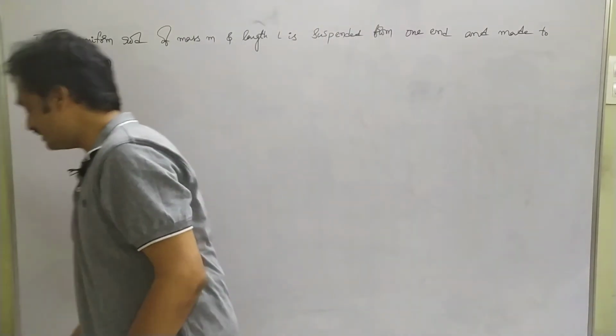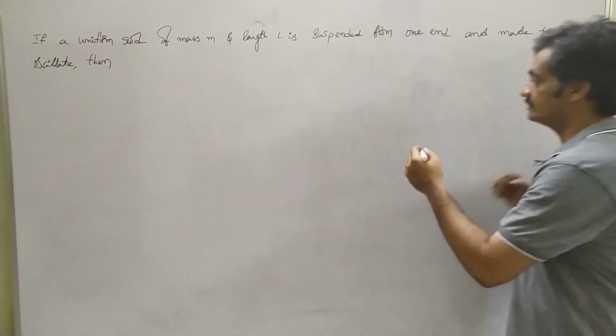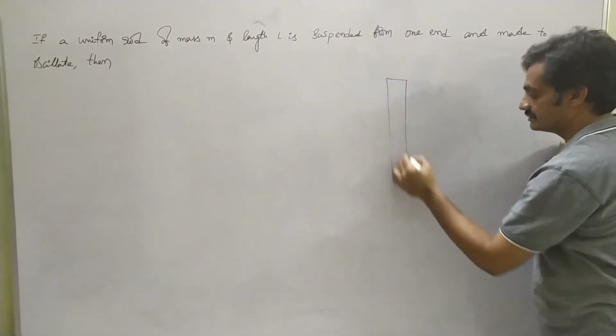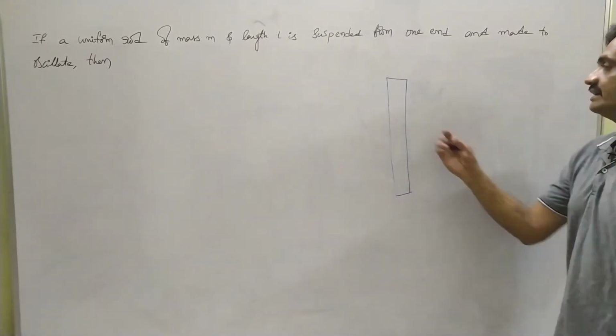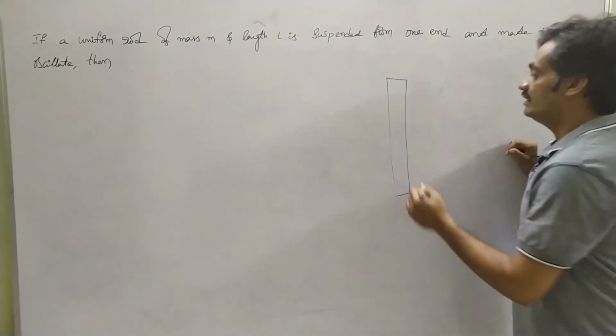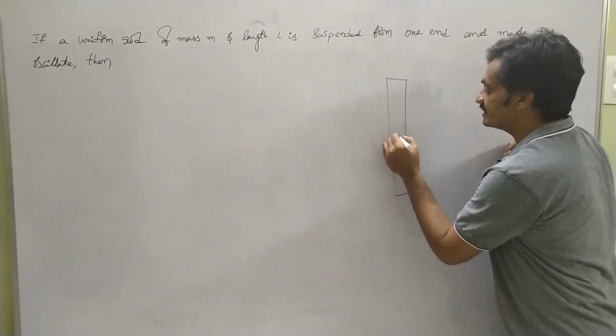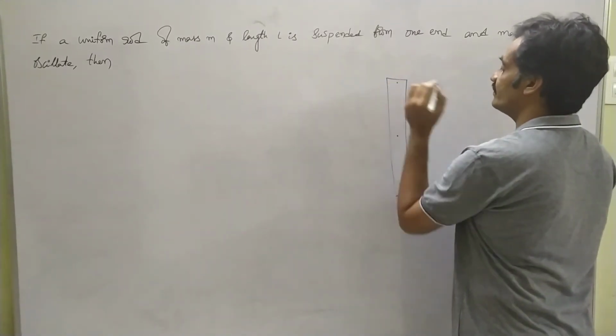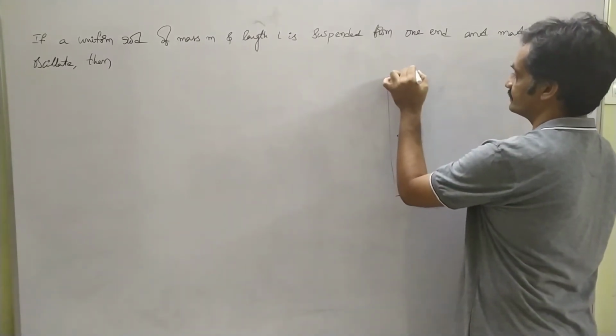In order to represent this, we consider a rod of length L. The center of gravity is represented at this position. After that, the body is rotating from this point.